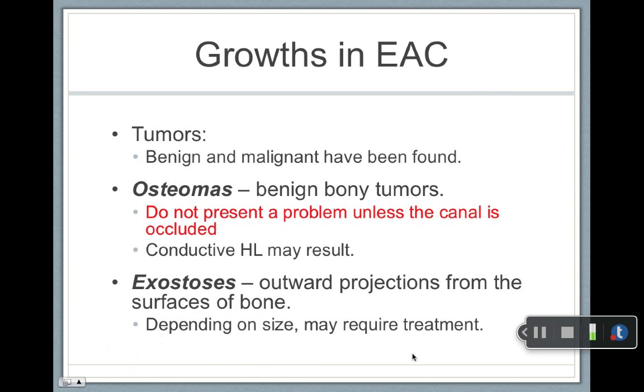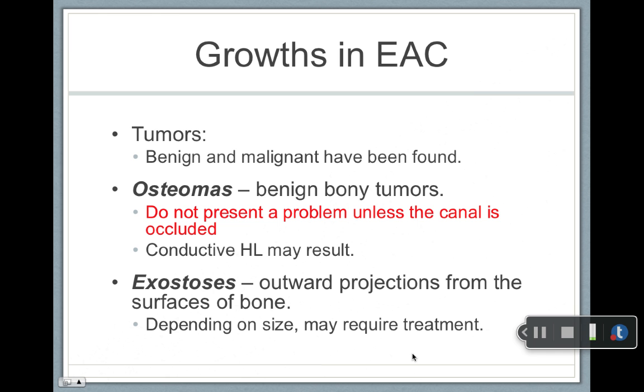There could be growths in the ear canal, little, mostly benign tumors called osteomas. They don't present a problem unless the ear is occluded. A conductive hearing loss could result. I had another professor that had this. He had osteomas. He was probably in his mid-60s, and he loved swimming in the ocean.